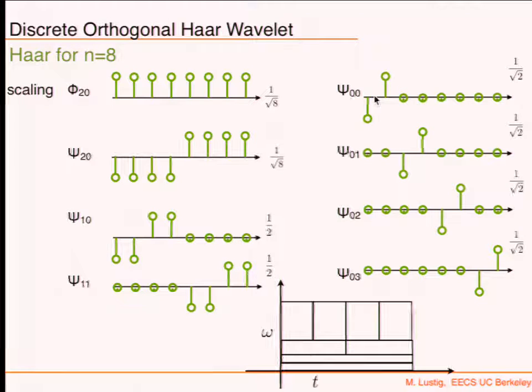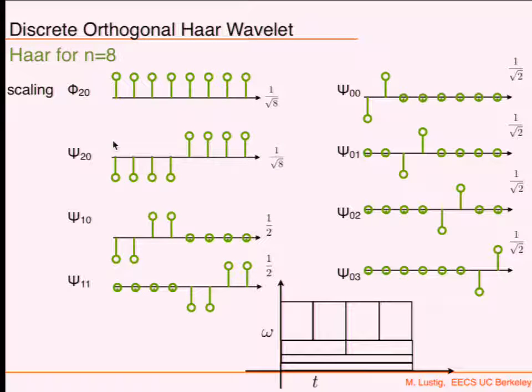If you project your signal onto this basis function, you're really looking at differences located at this part of the signal, here at this part, this one, and so on. And it's high frequency changes because it's a localized difference. This is a less localized difference. It's on that side, and so on and so forth.